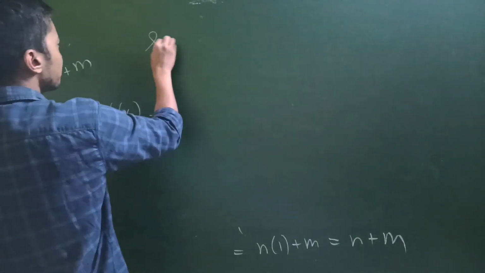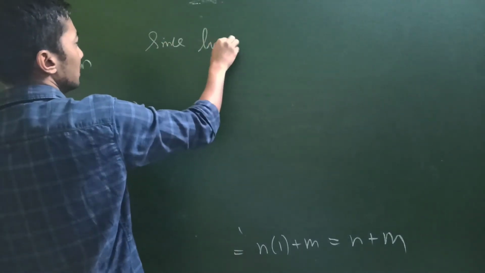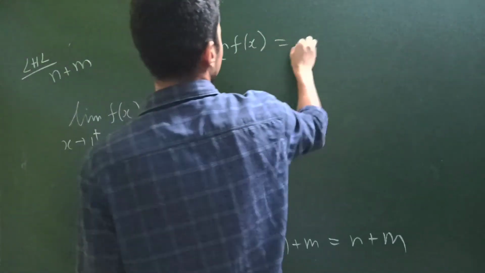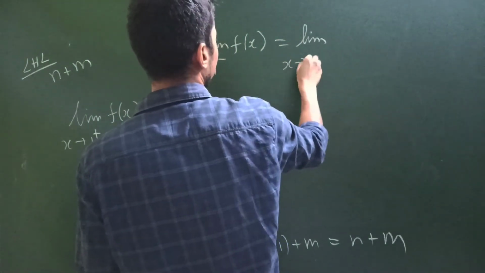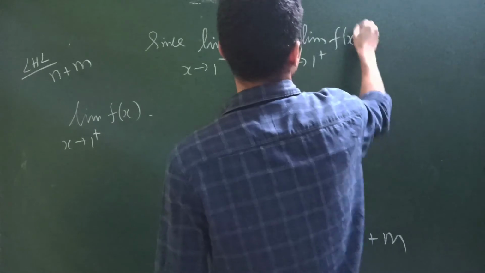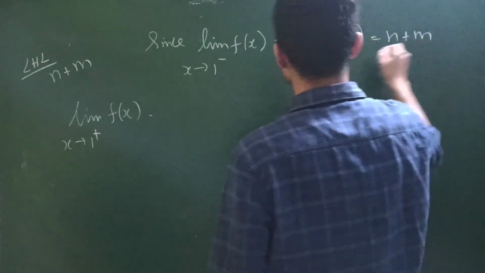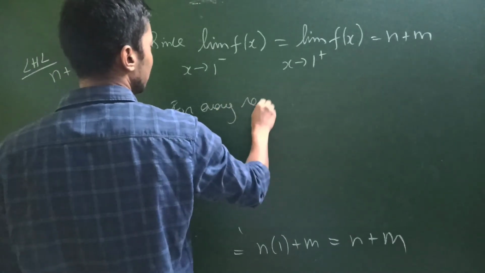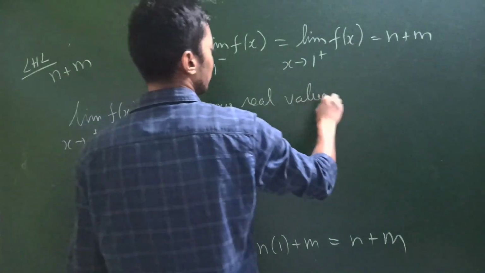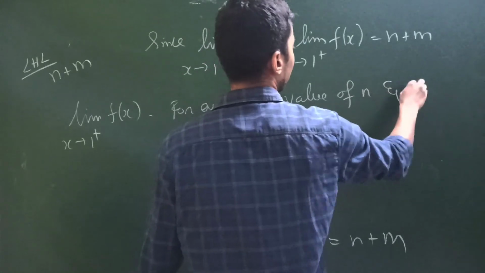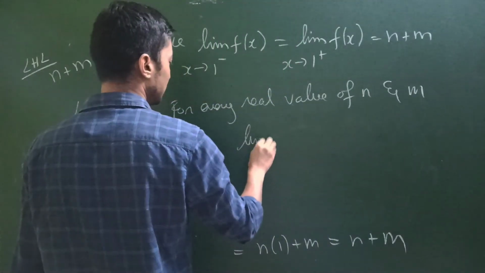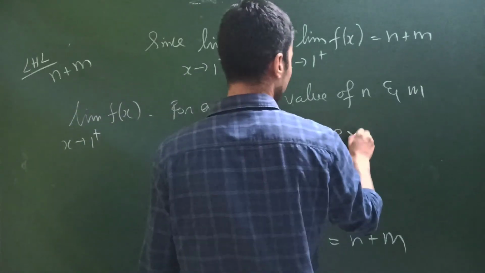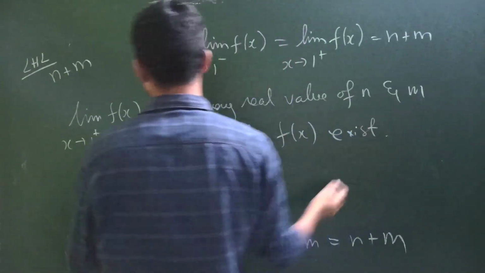Since the limit as x tends to 1 from the left hand side is equal to the limit as x tends to 1 from the right hand side, both are equal to n plus m. So here, for every real value of n and m, the limiting value of the function as x tends to 1 will exist.